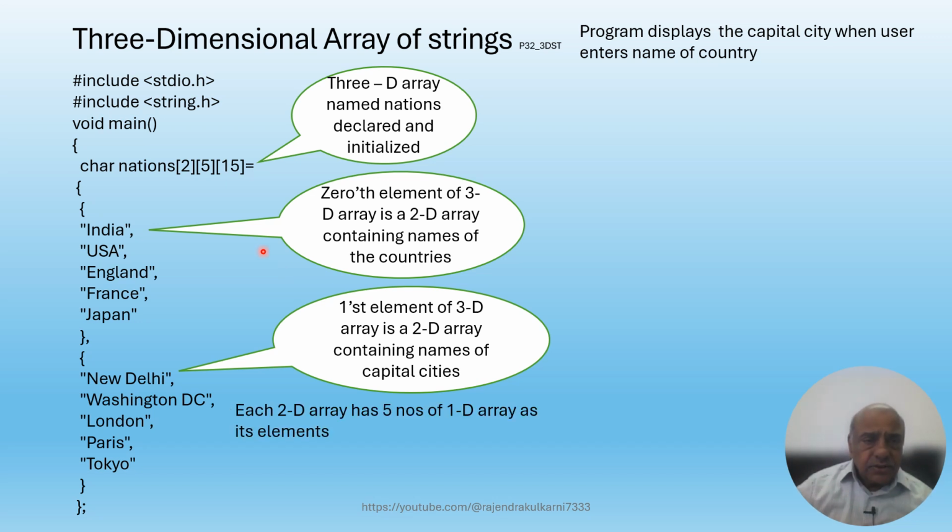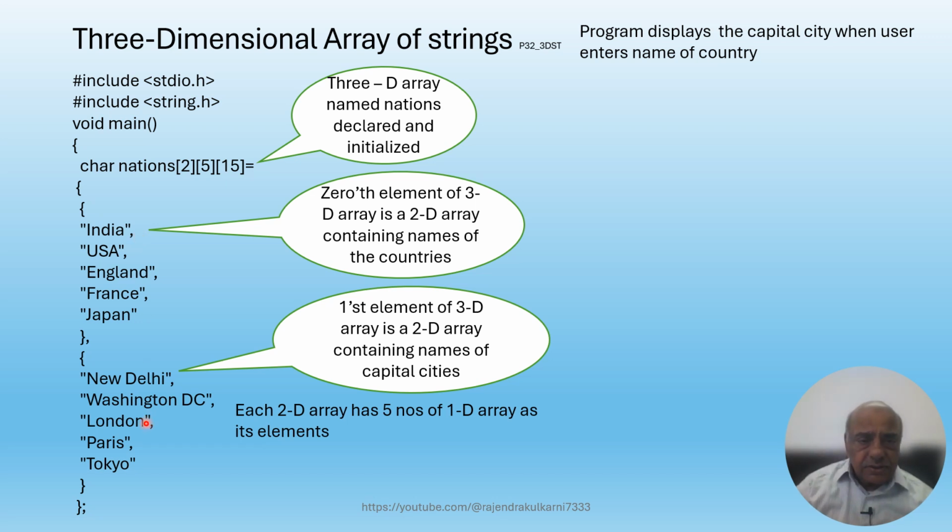So what we can see from this declaration and initialization of the array is that each 2D array has 5 1D arrays as its elements. So the 0th element, which is a 2D array, has 5 strings as its elements.